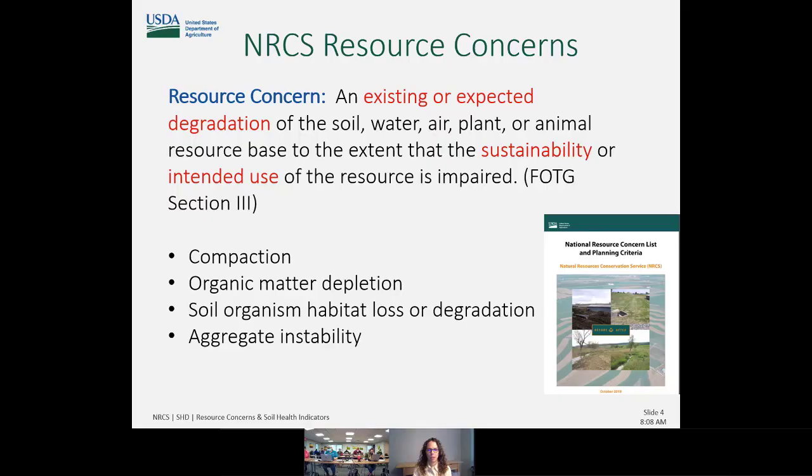And these are all worded in the negative because they're identifying an existing or expected degradation. So aggregate instability, for example, is worded as an instability rather than stability. So keep that in mind as we discuss the resource concerns and how they're addressed.